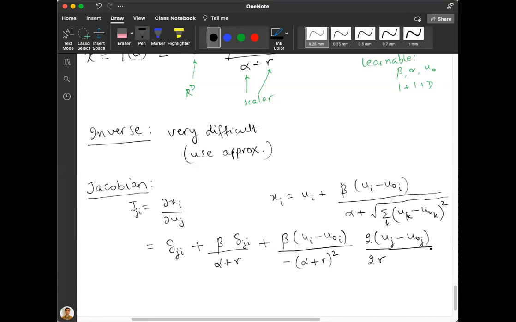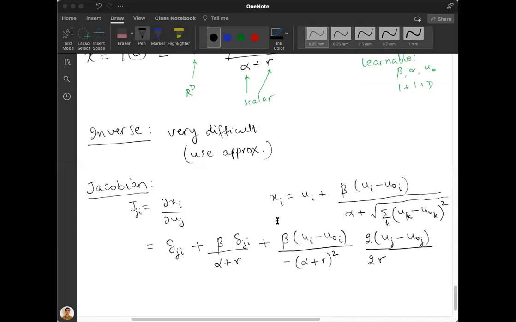It's correct. Shouldn't there be one more minus sign? One more minus sign for what? For the square root differentiation. No, sir, it's right. Yeah, should be fine. Let me check.